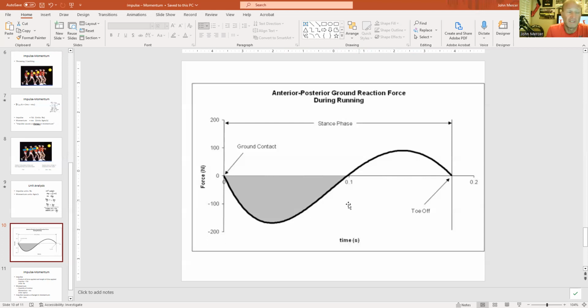One trick, though, is to try to minimize the amount of braking to therefore minimize the need for more propulsion to maintain a particular velocity. So we try to work on a running style where the braking impulse is the same as the propulsion impulse. All right, but I did this as an example to start demonstrating that the change of momentum would be greater in this region up until this moment of time than the change in momentum in this region here.